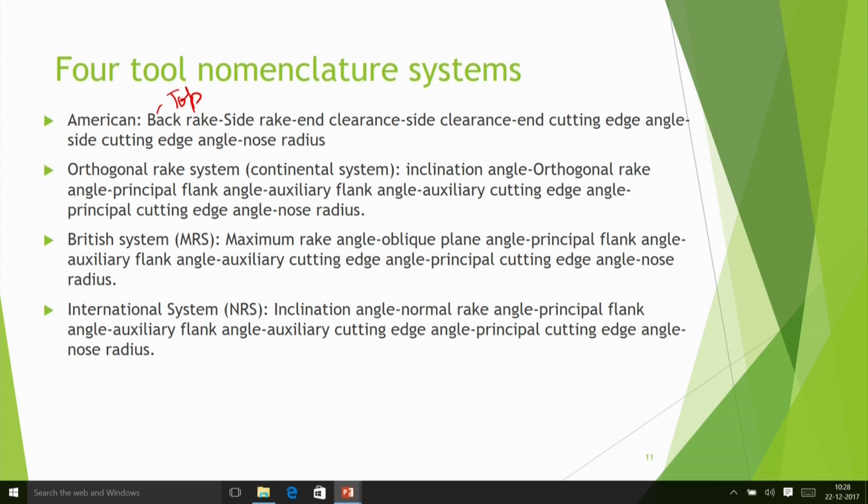Here we show inclination angle, then we say normal rake angle, that means rake angle in the normal plane. I already told you what you mean by normal plane, that is normal to the cutting edge. You have cutting edge, just take one plane normal to the cutting edge. Then we have got principal flank angle, auxiliary flank angle, auxiliary cutting edge angle, and principal cutting edge angle, these and nose radius.